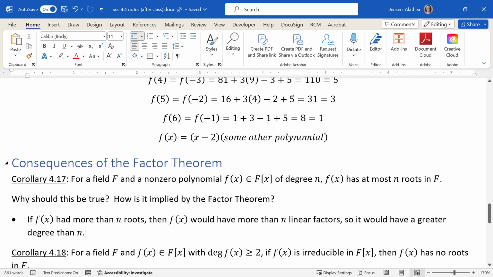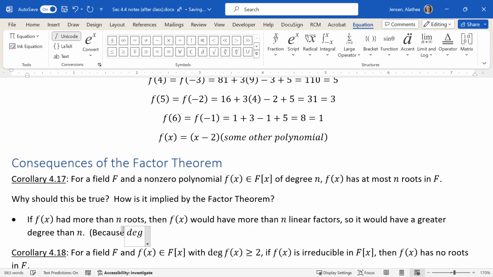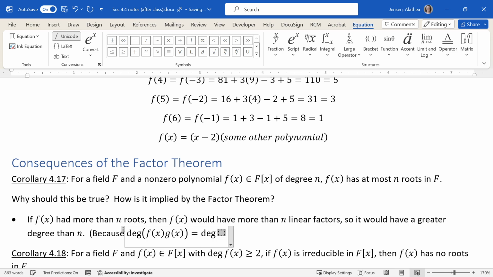There's some theorem or other that says that, although I forget which number it is. It's this one. The degree of the product is the same as the sum of the degrees. Right, nothing gets lost.